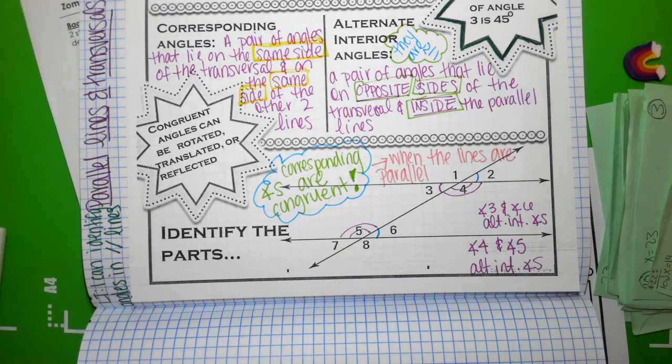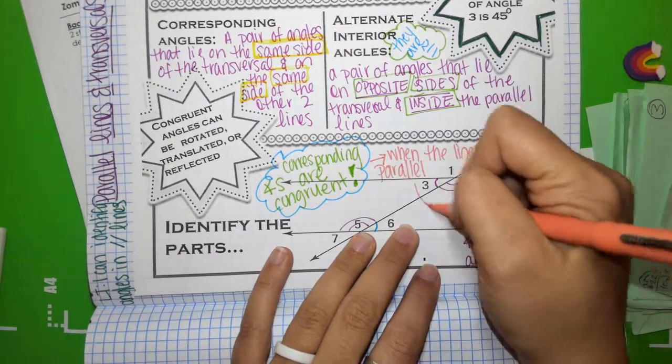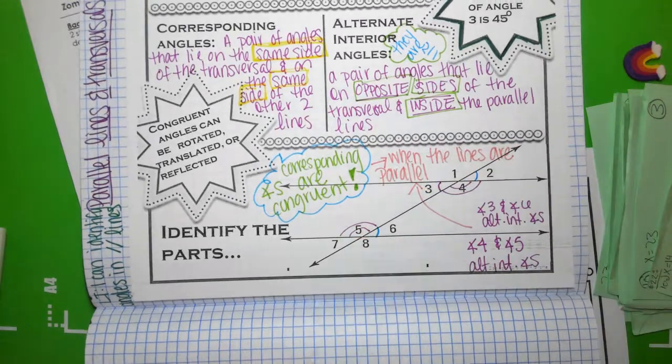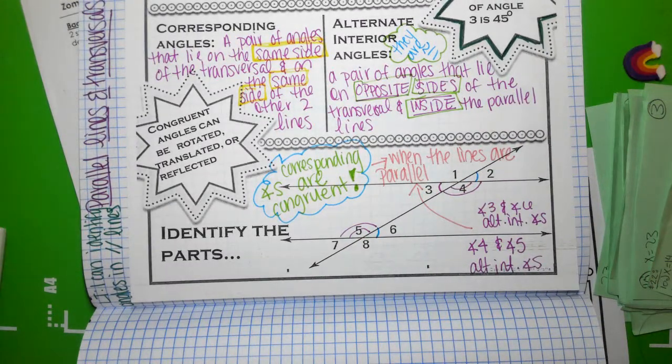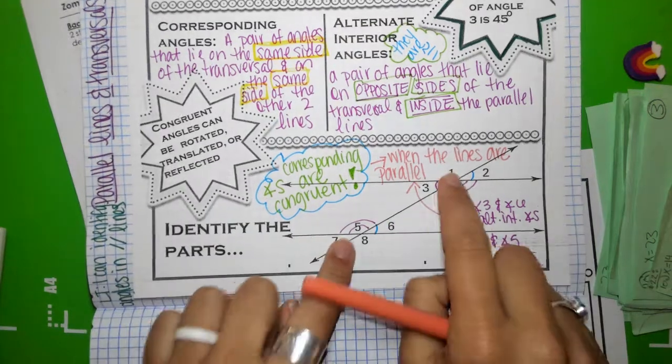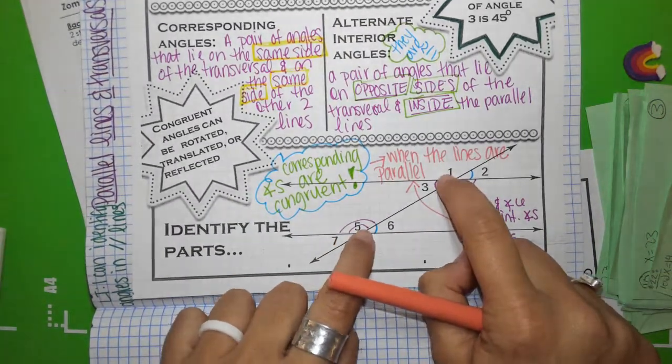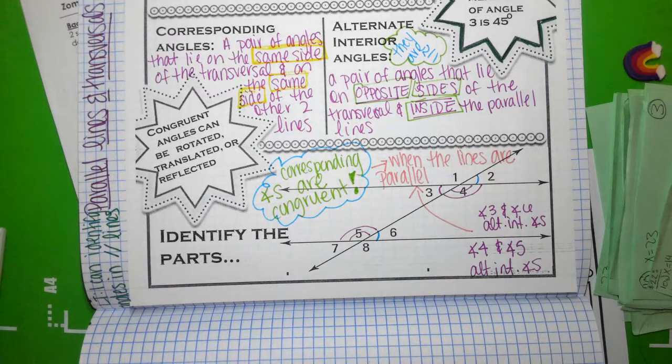Write that on your notes. That's for both of these. Does everybody understand? When they're not parallel, they can still have the relationship of being corresponding, but they're not necessarily congruent. Are we okay so far?